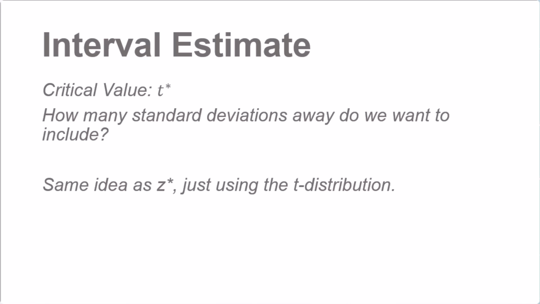This still represents the same thing. It's essentially a number of standard deviations that we're going to move away from our point estimate based on how much of the possible outcomes we want to include.